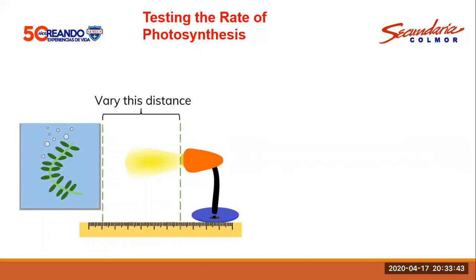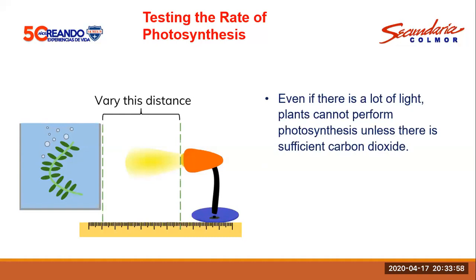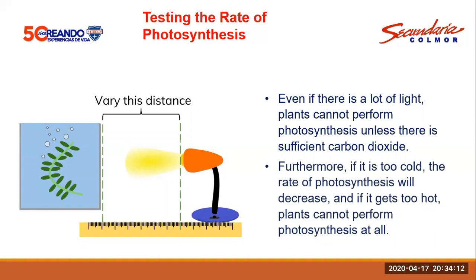Until, of course, there is a moment when you cannot move the light any further because it's too dark, or you cannot move it any closer because it's too bright. Okay, so even if there is a lot of light, plants cannot perform photosynthesis unless, of course, there is sufficient carbon dioxide.